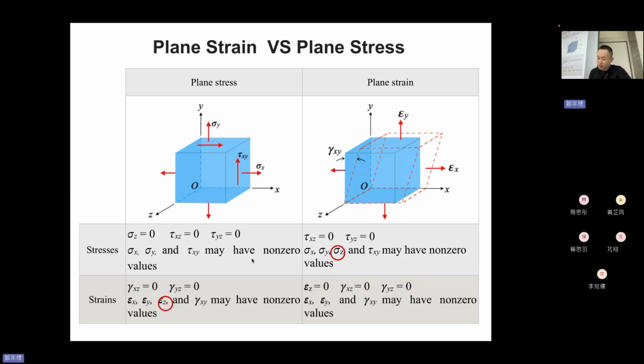However, again, because epsilon z is 0, just think about that. You have epsilon x, you have epsilon y, so typically there will be an effect on the z direction from the Poisson ratio, right? But there's nothing on epsilon z. So that means sigma z has something there to cancel the Poisson ratio. So sigma z is non-zero in plane strain.